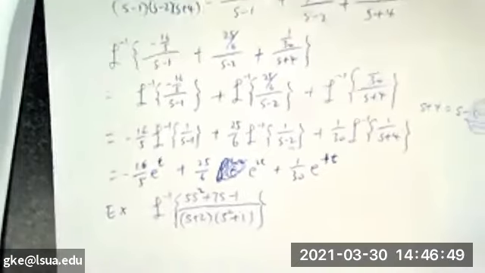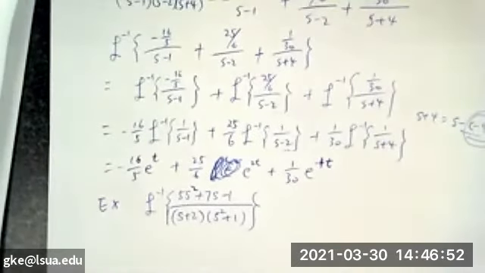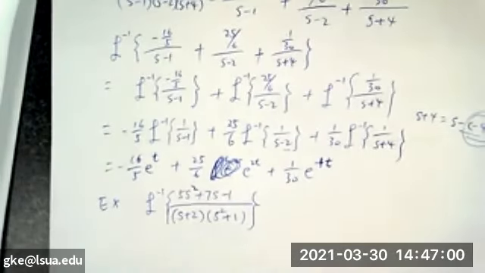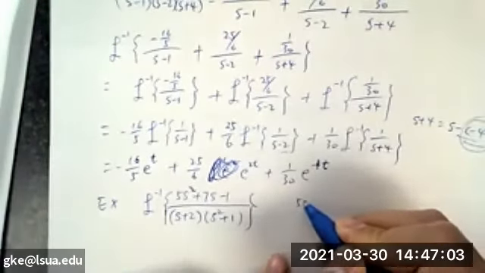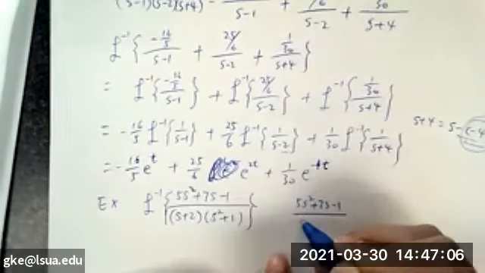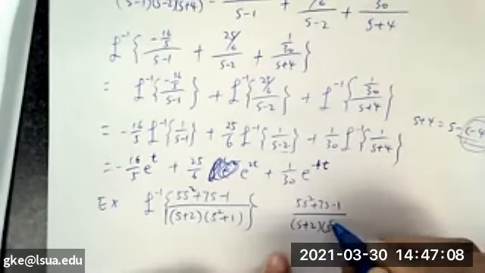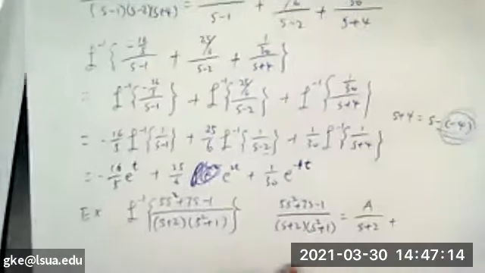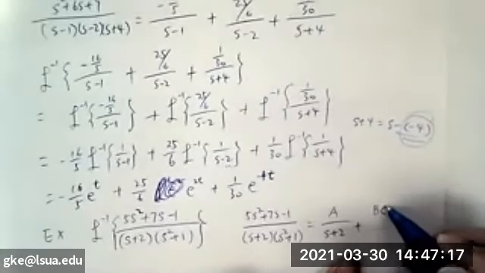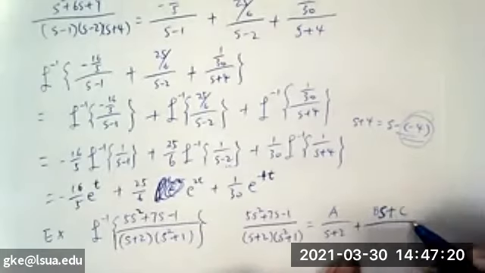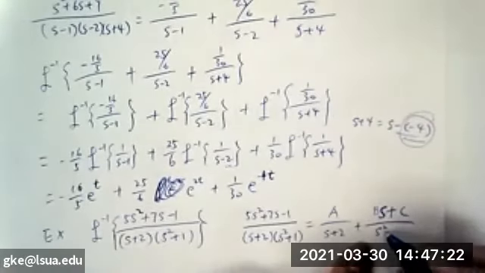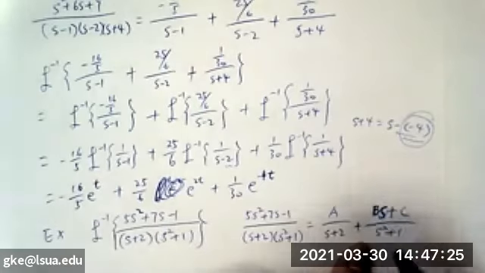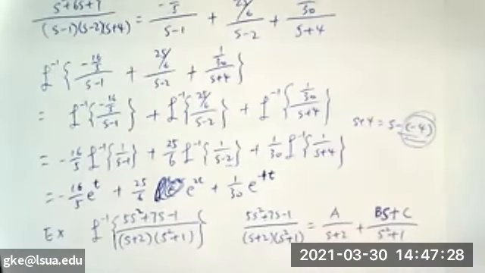Okay, how to solve this inverse? Of course, we're gonna use the fraction decomposition. We're gonna spread these two terms. Gonna give you guys a hint, okay? So for this guy, we try to use the fraction decomposition: A over s plus 2, and Bs plus C over s squared plus 1.